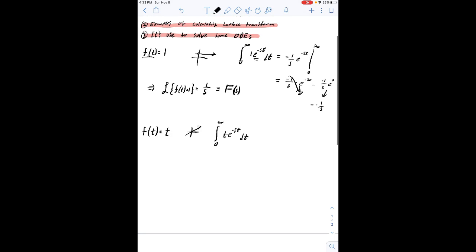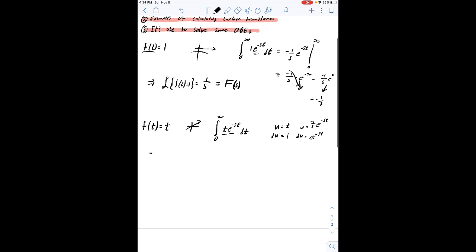We notice that we have one function and a second function, so we use u du dv v. Now our u in this case is going to be t, du is going to be 1, our dv is going to be e to the negative st, and our v is going to be 1 over s times negative e to the negative st.